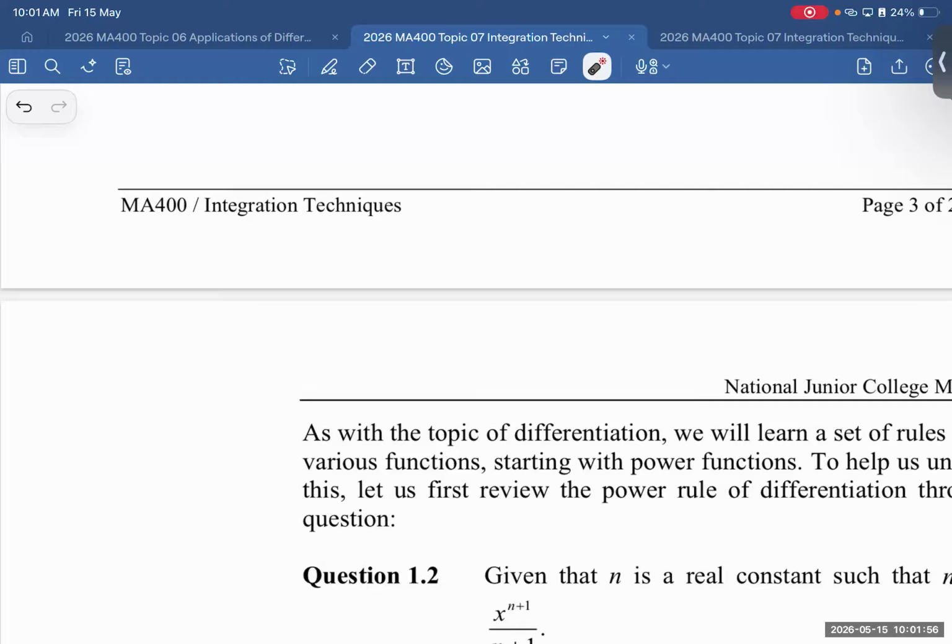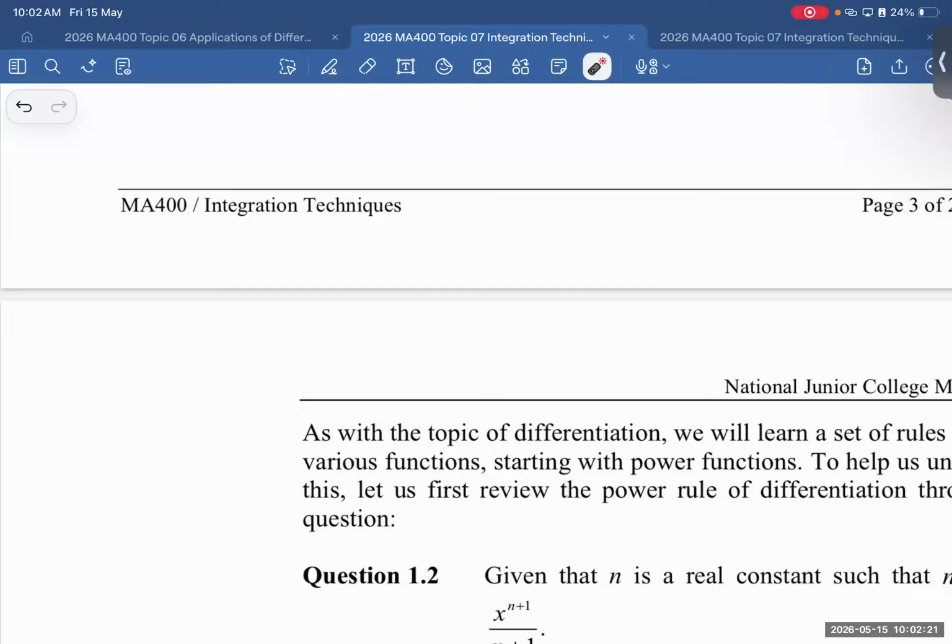Remember, in integration, we are reversing. So in differentiation, this is action 1, action 2. In integration, this will become our first action, just like your organic chem, alcohol becomes acid, acid becomes ester. Power goes in front.